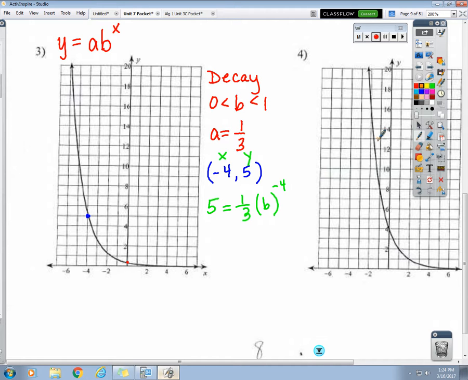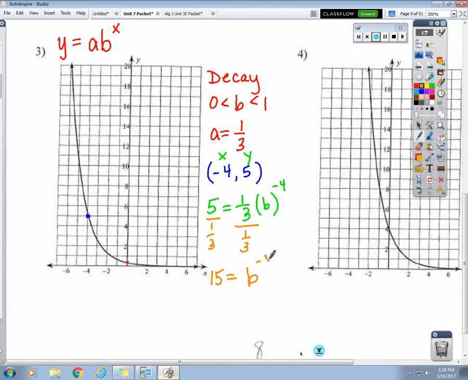Multiply by 3, okay? If you don't want to divide a fraction by a fraction, you can always multiply by the reciprocal, which would be 3. 3/1 is 3. But regardless of which way you do it, you end up with what on the left? 15. And on the right, you have b to the -4.